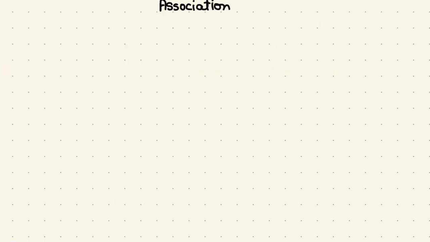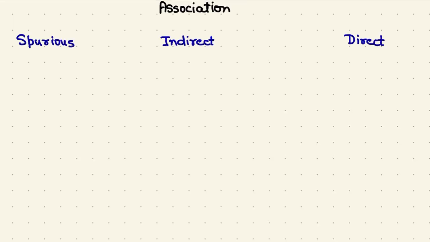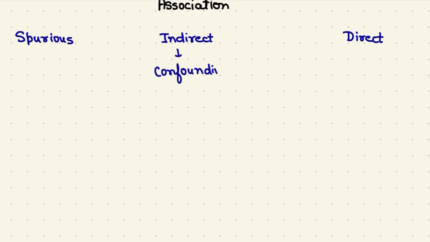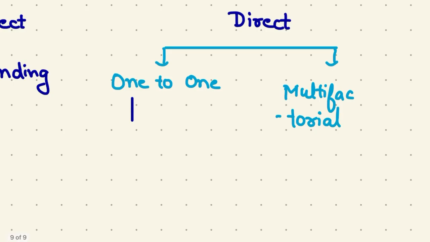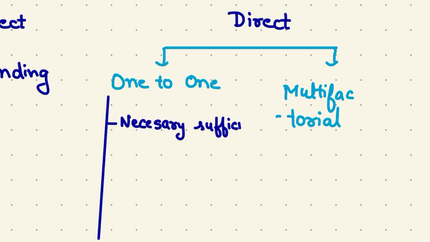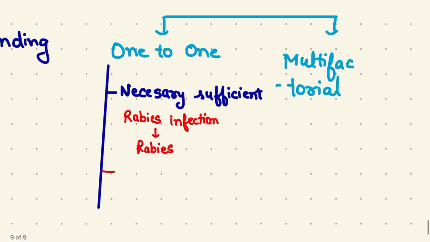Association between exposure and outcome can be spurious, indirect, and direct. Spurious means false association. Indirect is related to confounding, that is a third factor, and direct can be of two types, one to one and multifactorial. One to one can be of four types. Necessary and sufficient, for example, rabies infection causes rabies.